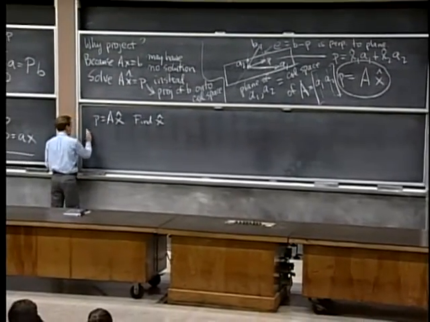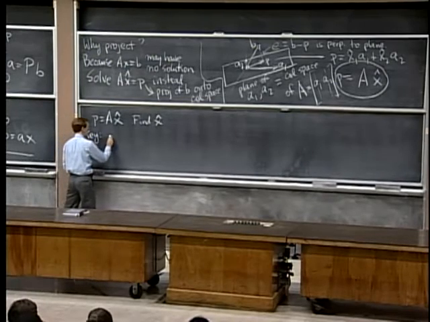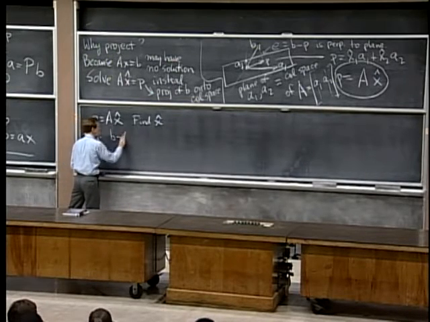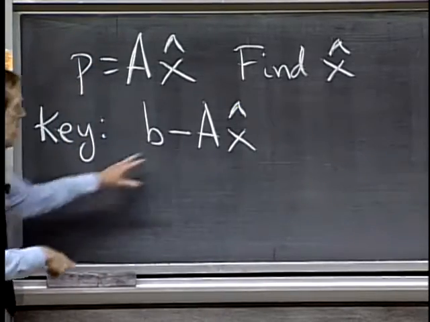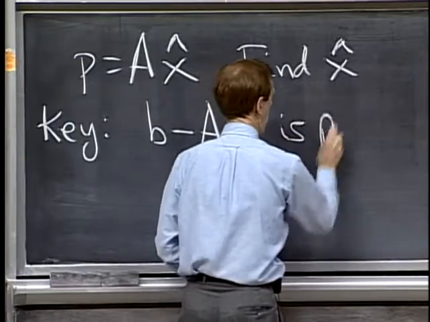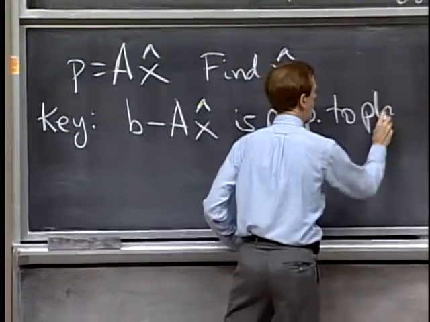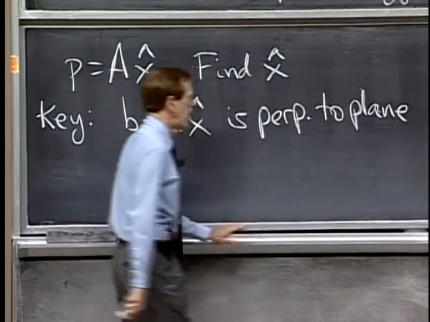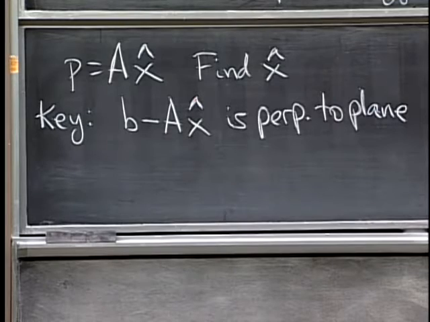And the key is that b minus A x hat, that's the error, this is the E, is perpendicular to the plane. What am I looking for?